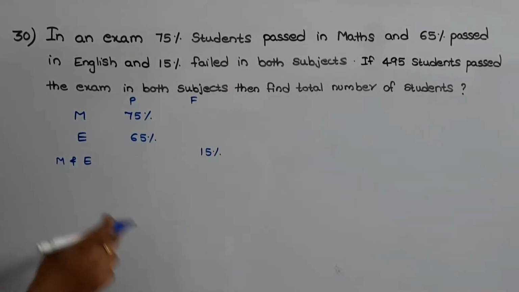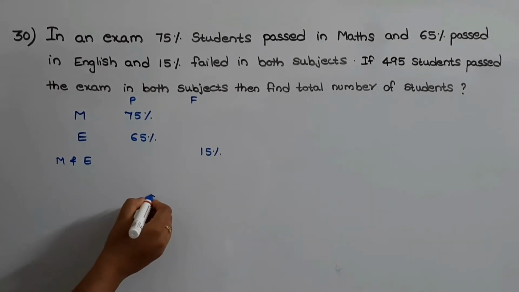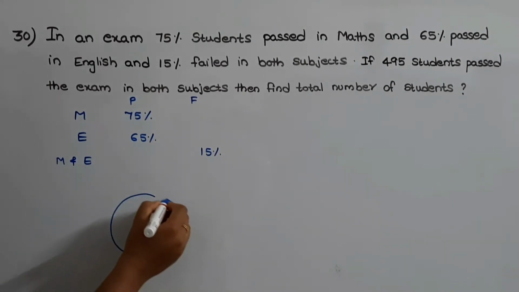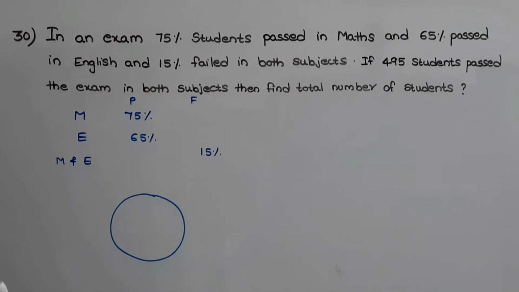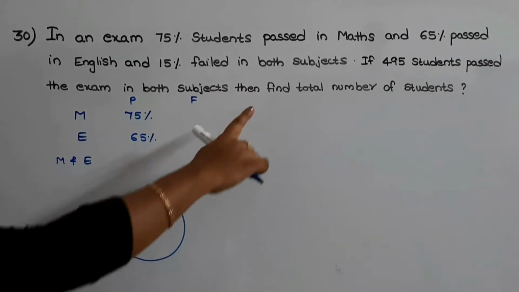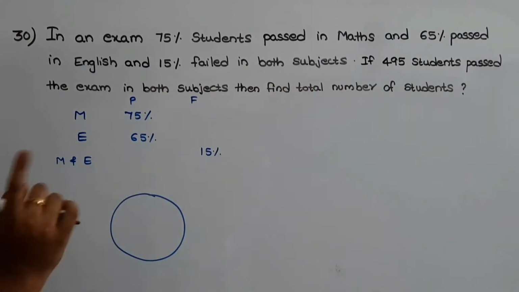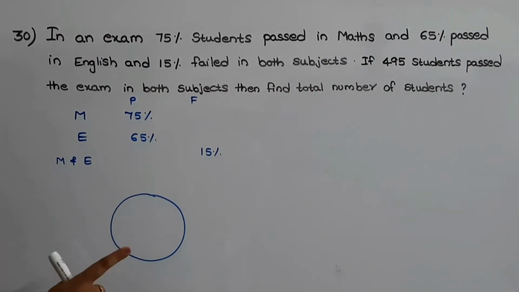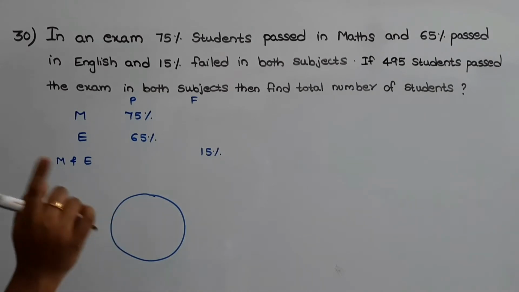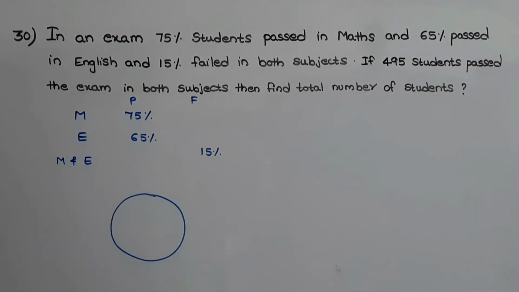Since all these values are given in terms of percentage, let us consider the total number of students who appeared the exam as 100. We need to find the total number of students. In order to do that, first we need to find the percentage of the students who passed both the subjects.